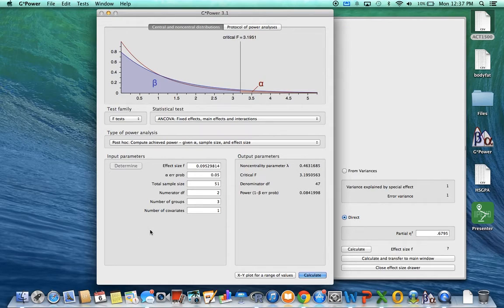And okay, so our power is 0.084, so we have extremely low power here. I gotta admit, I'm kind of shocked by that.